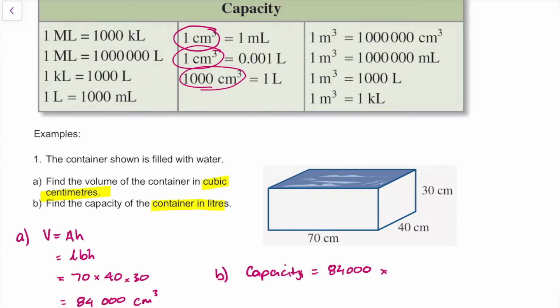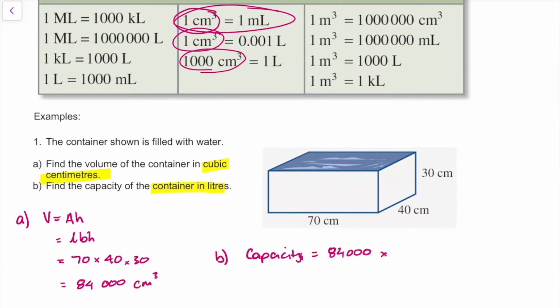Now, the easiest way for us to do this one is to use this top version, simply because all we have to do is divide by 1,000 in terms of getting where we need to be. So we're going to multiply this by 1 milliliter. Let's write the right M.